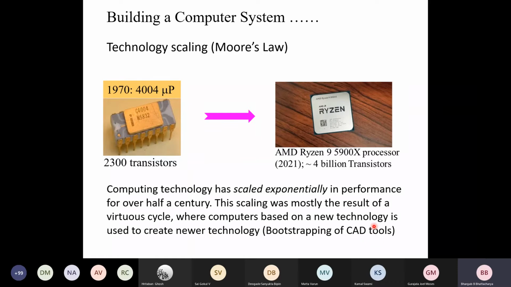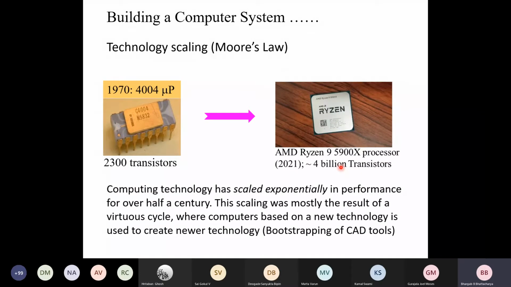So we have the computer-aided design tools, or software tools, and these tools are bootstrapped in every generation. When you are going to design the next generation of computer, you can use the power of this 2020 computer and the most recent computer-aided design, electronic design automation tools, to handle the design of the next generation of computers and so on.